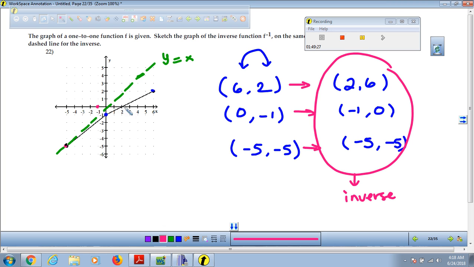-1, 0, 2, 6. If I do the lines with this, maybe it's going to be better.